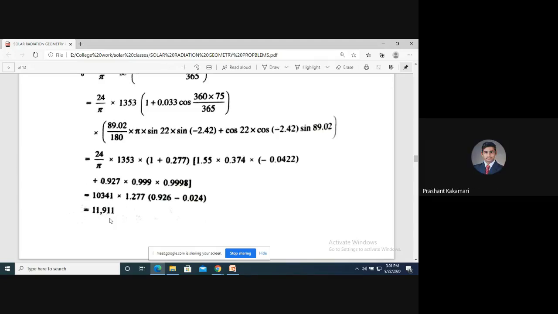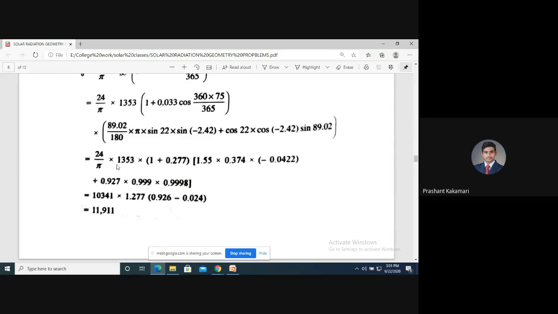Joules per meter square, yes, only joules per meter square. Because either you can consider this as watt per meter square day or joules per meter square day. Then you can go for this as watts only.